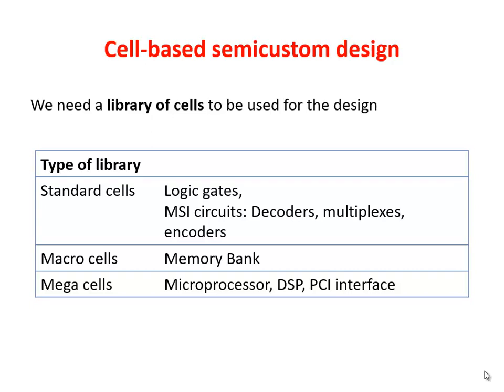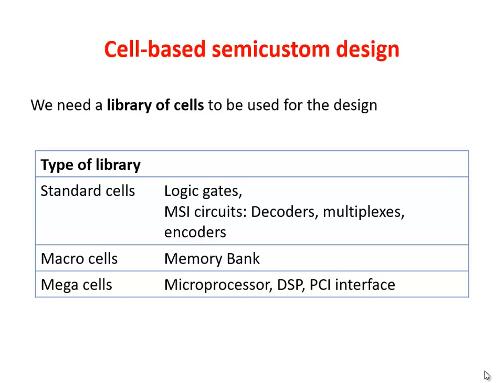So logic circuits, or also MSI circuits. MSI circuits are circuits at medium scale of integration, which means circuits with at most 100 transistors, such as a decoder, an encoder, a multiplexer. So relatively standard circuits that you might need in a digital circuit.